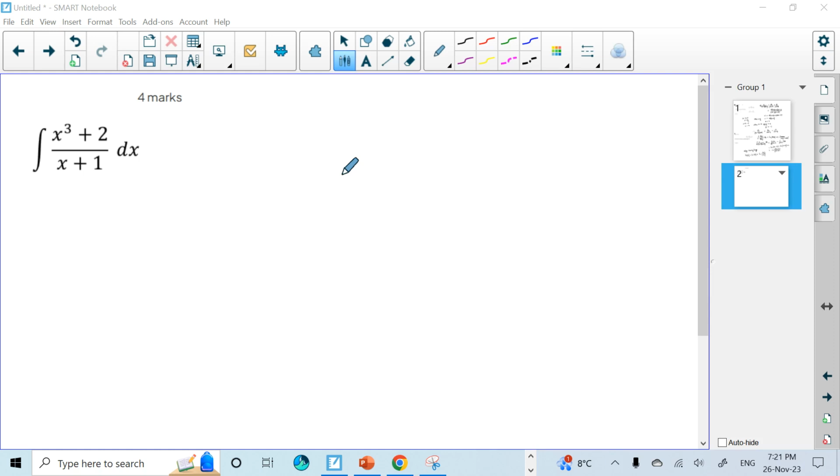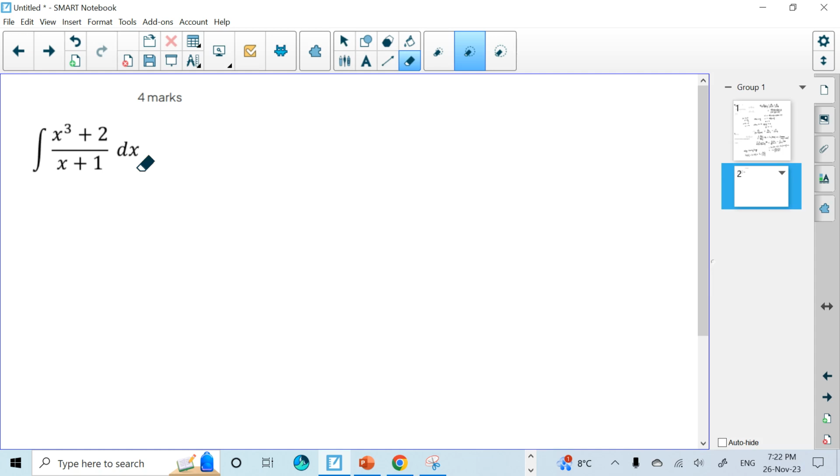And the sensible course of action is to look at the question. You can do this multiple ways, but one sensible way is to say, well, this is x cubed plus 2 divided by x plus 1. So there's a polynomial division there, and it's sensible to use polynomial division.